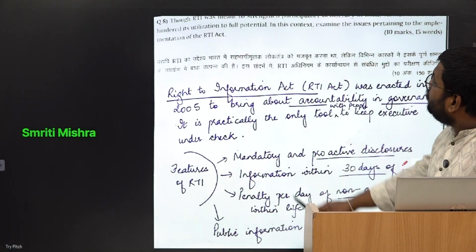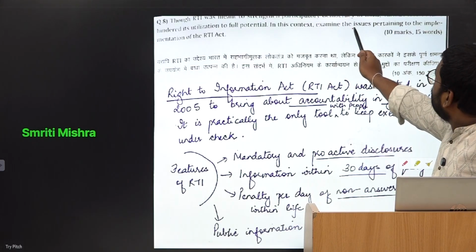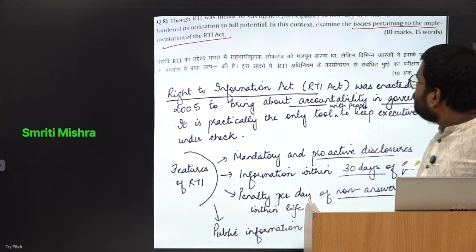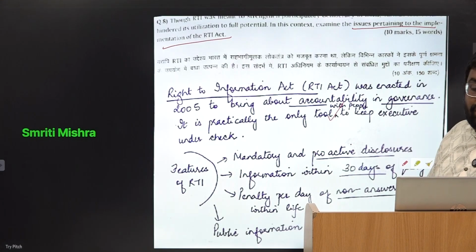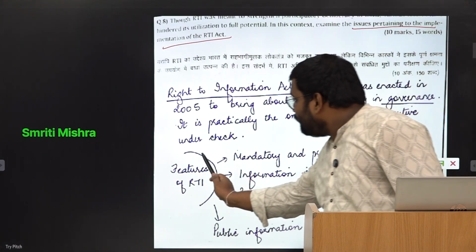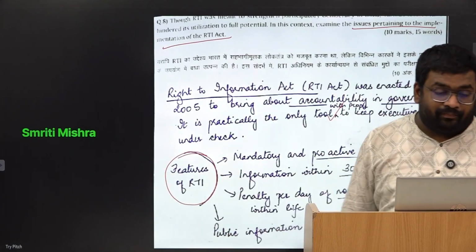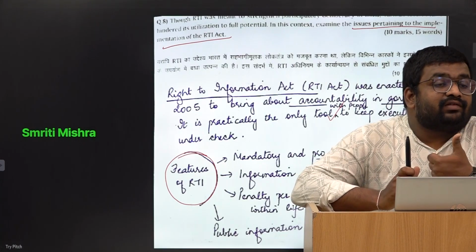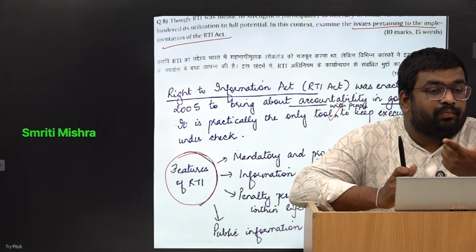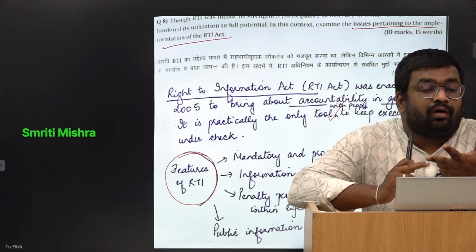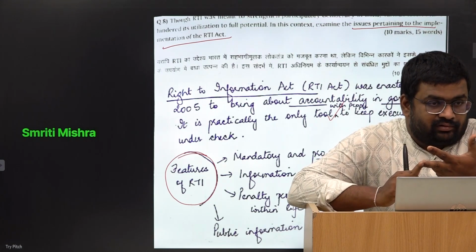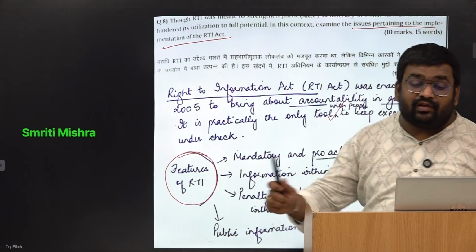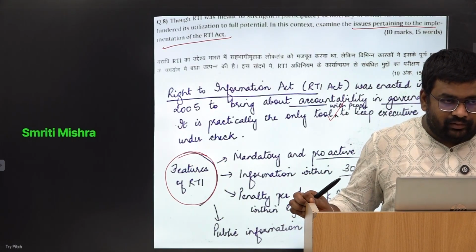The question is on the issues in the implementation of the RTI Act. The introduction she has given with the objective of the act, but after that she has given the features. So remember, whenever there are any questions on the schemes, policies of the government or any acts, always after the introduction briefly give the features of it. Okay.